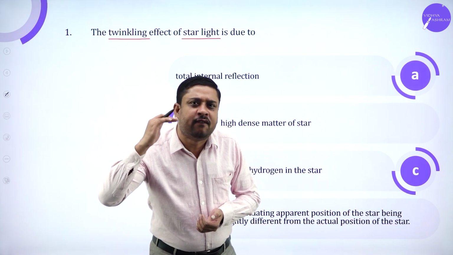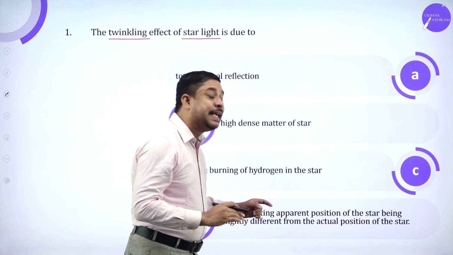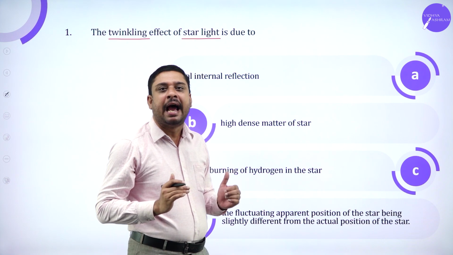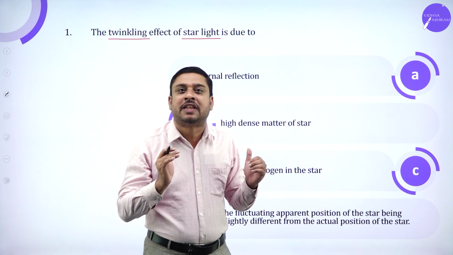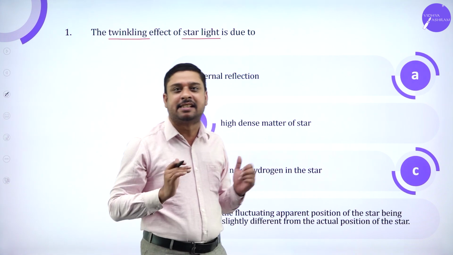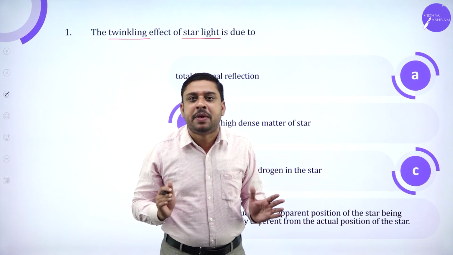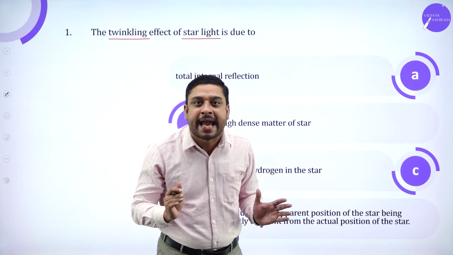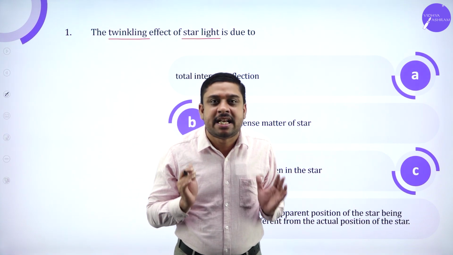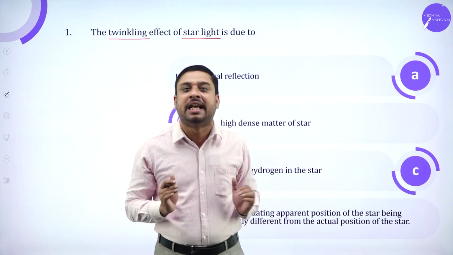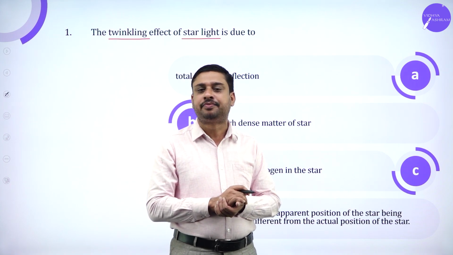As we go away from the surface of the earth, the density and refractive index decrease. Hence, the star appears to be displaced. It feels that it changes its position with respect to the actual position.